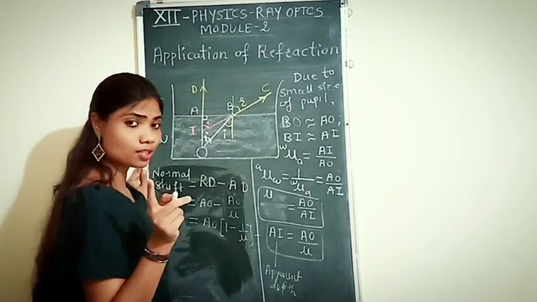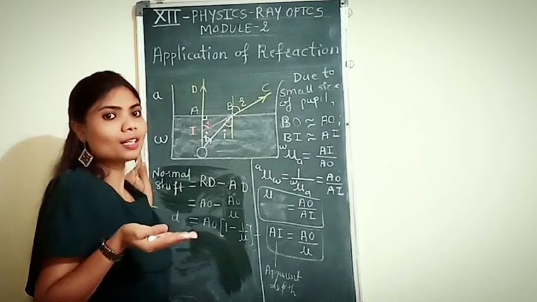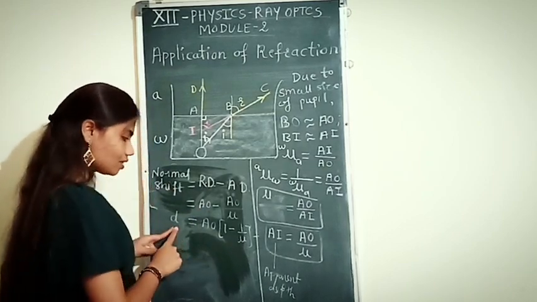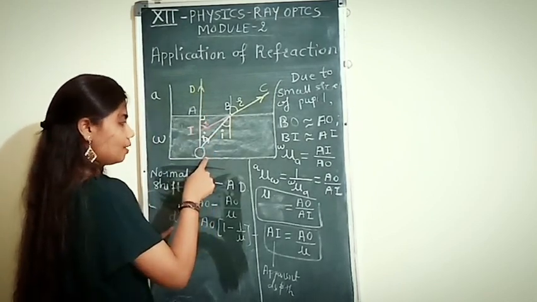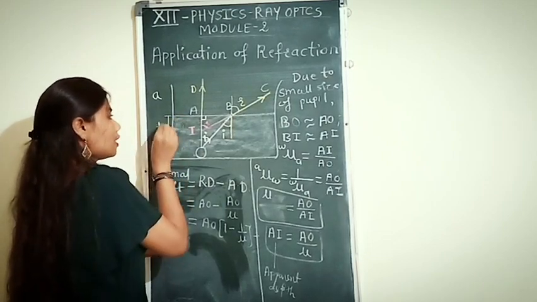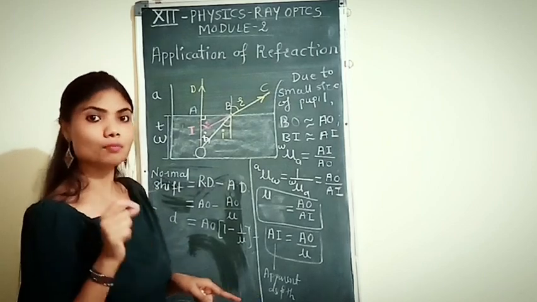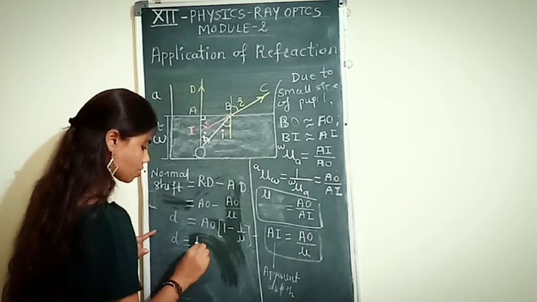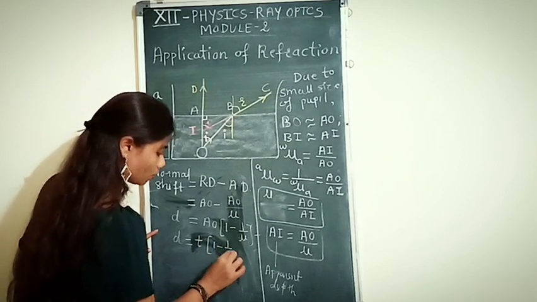What is the normal shift denoted by d? It is the uplift in the denser medium, called the normal shift. So this d is equivalent to AO. AO is the real depth, which is equivalent to small t, the thickness of your refracting medium. Thereby, this normal shift d equals t times (1 minus 1 upon mu).